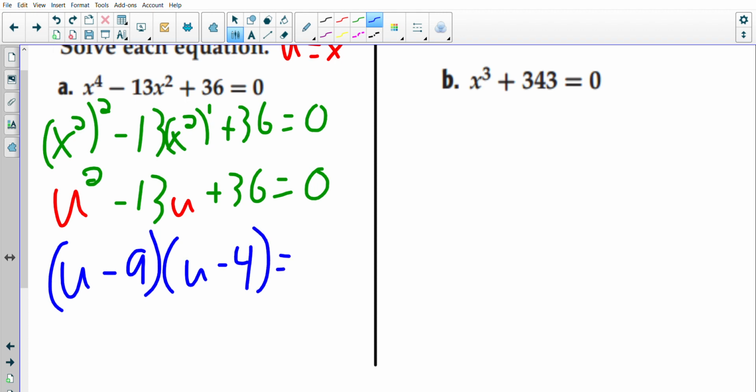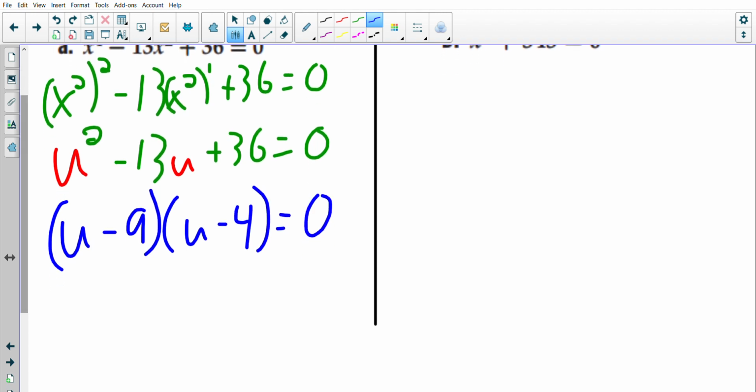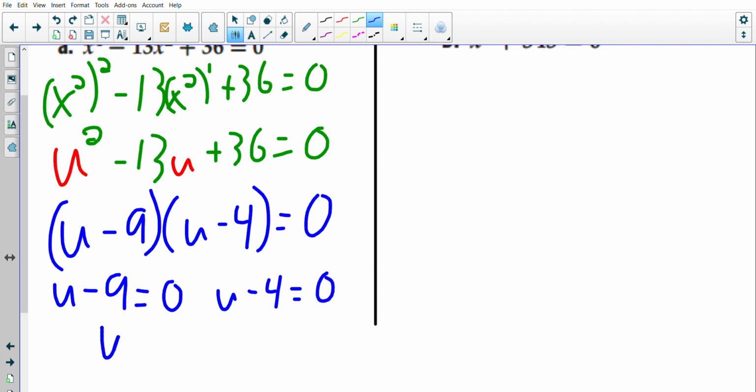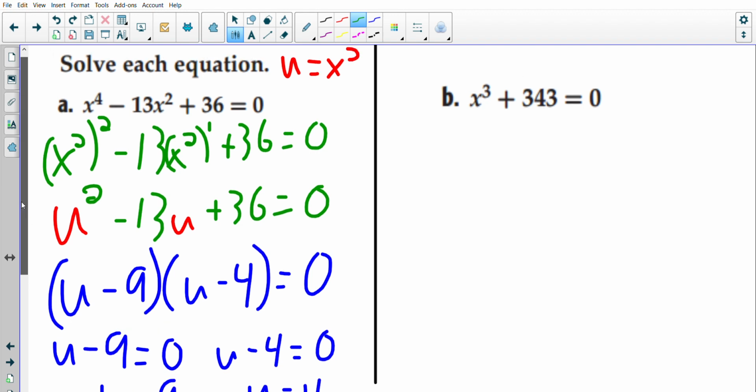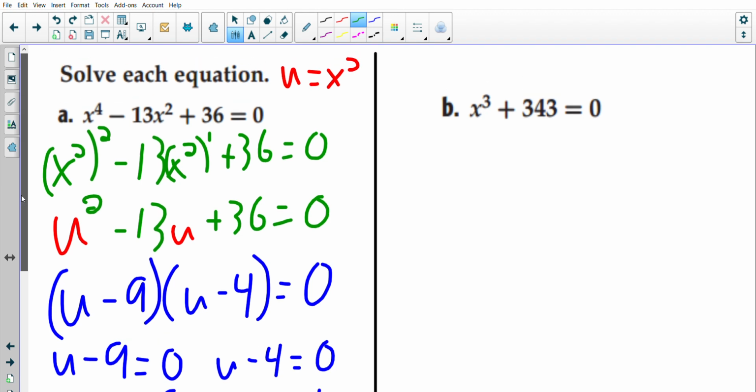Now let's solve for u. We're right back to where we were a couple chapters ago. u minus 9 is equal to 0. u minus 4 is equal to 0. Well, that's easy. u equals 9 and u equals 4. But wait a minute. I want x squared. So I'm going to plug my x squared back in because u is x squared.